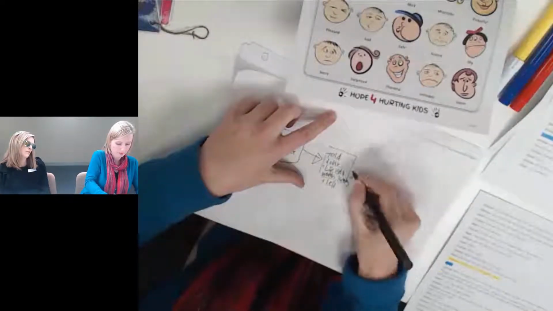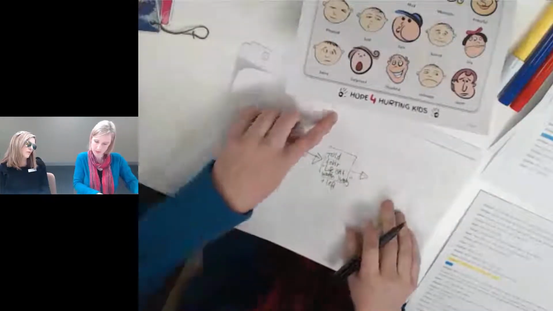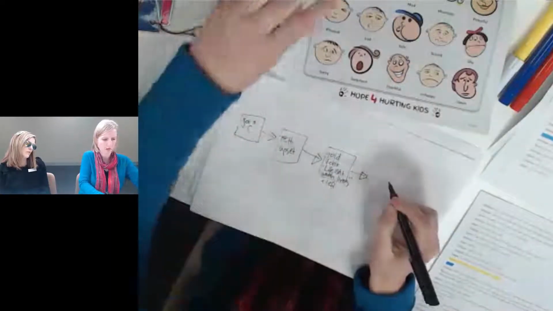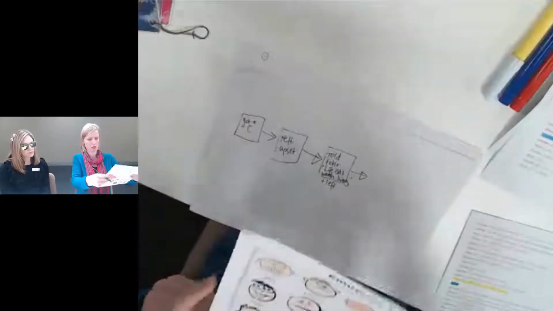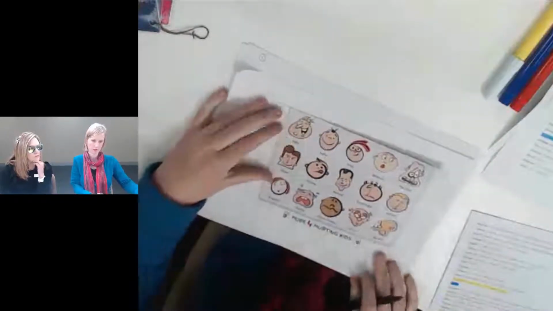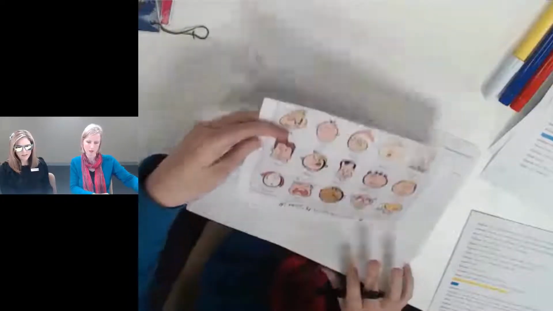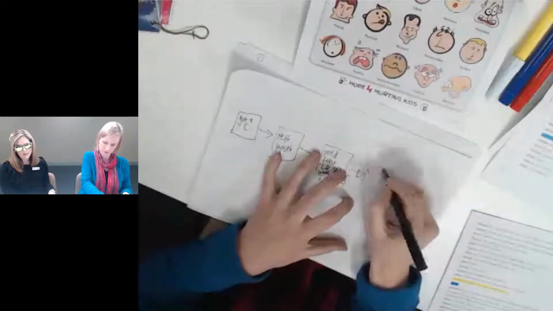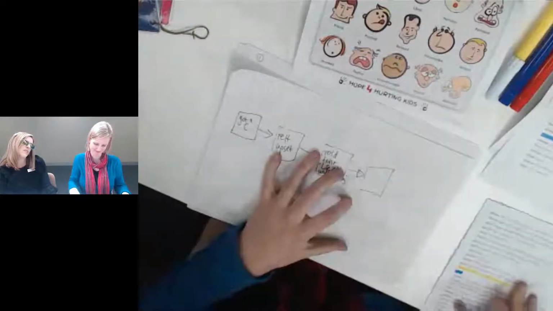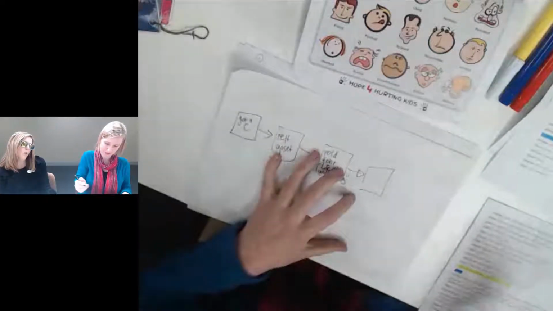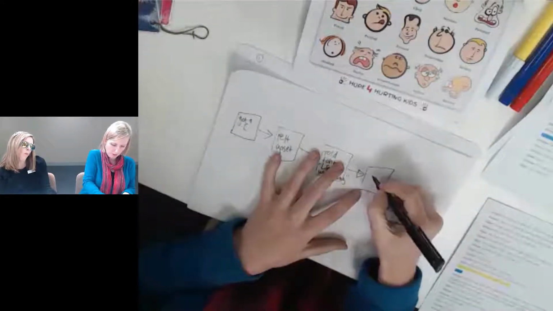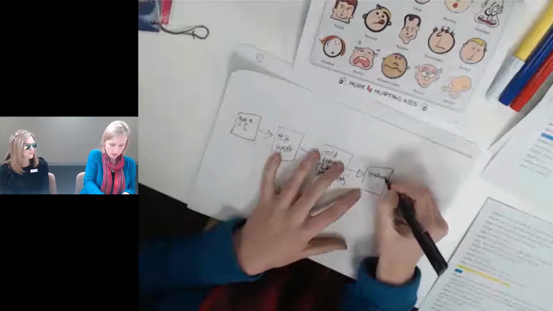Okay. How do you think the teachers felt? Have another look at our chart if you like. What do you think? They're probably worried. You didn't need to be. Okay. So they probably felt worried.